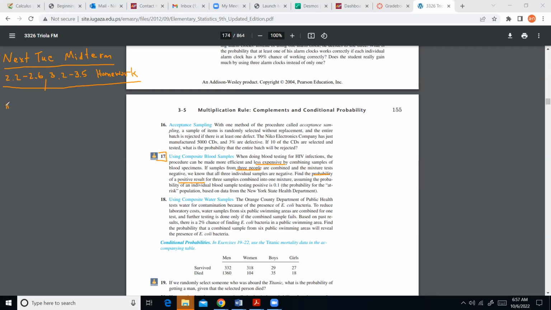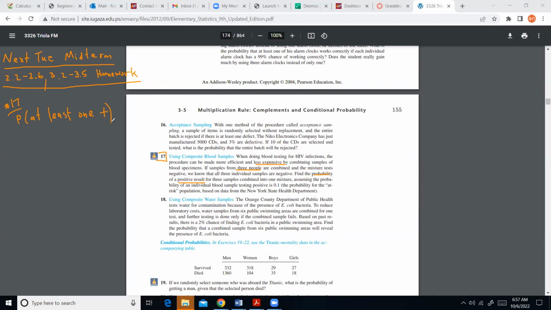So the question in exercise number 17 is standard for this section: find the probability that at least one is positive. If you have a sample with a positive test result, then if you mix it with another sample, whether it's positive or negative, the whole thing will again be positive.